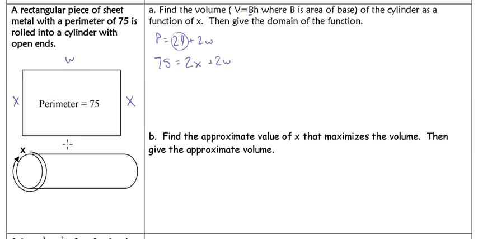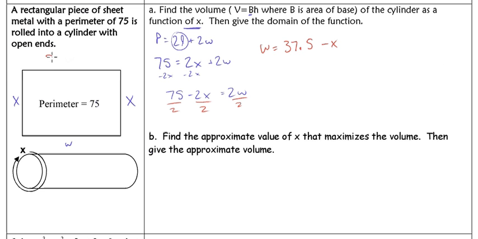Here's our w, but we don't want w. We want it all in terms of x. So how can we solve for w? We'll subtract 2x from each side, and that leaves us with 75 minus 2x equals 2w. And lastly, we'll divide everything by 2 to get that w is equal to 37.5 minus x.